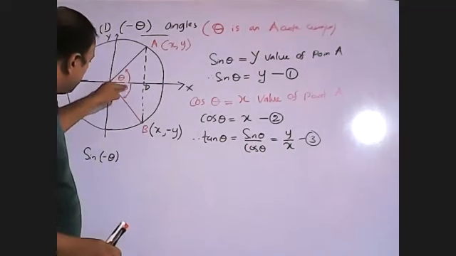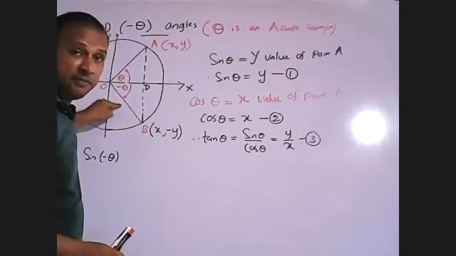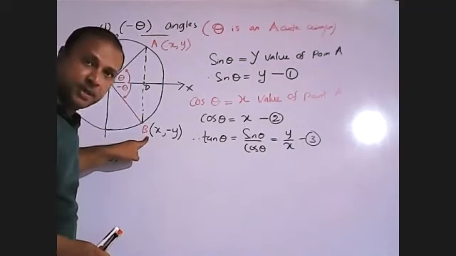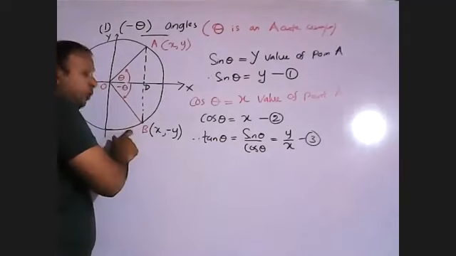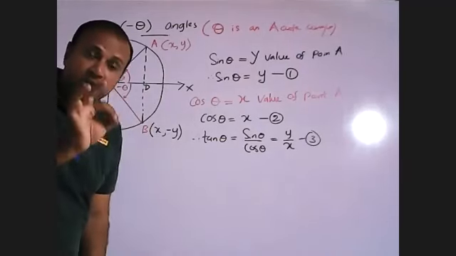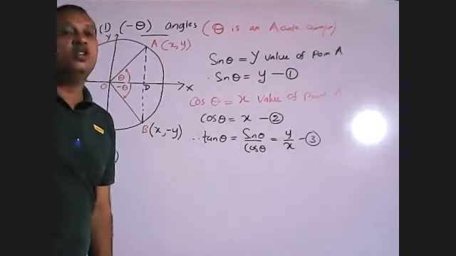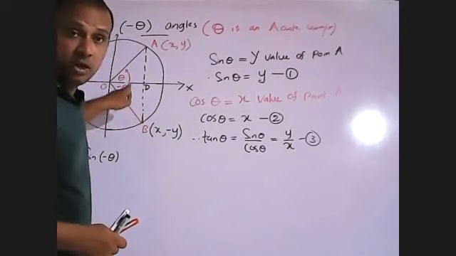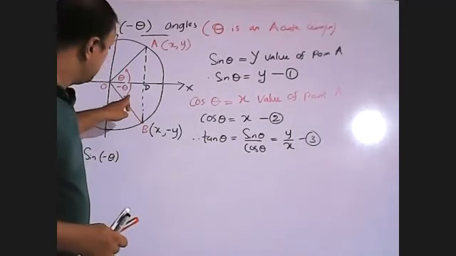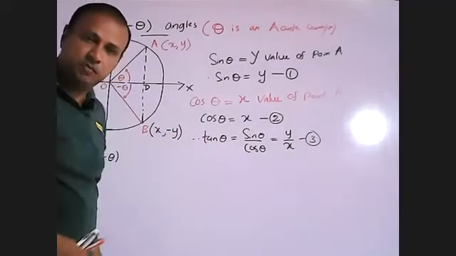In this case, for minus theta, the particular point is B, the corresponding point on the unit circle. So what is the corresponding point for minus theta? It is B.